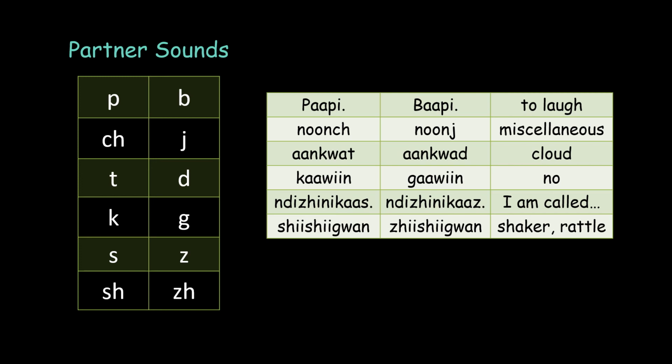Kawin, kawin is no or not. Nadishnikas, nadishnikas. My name is or I am called. Shishigwan, shishigwan is a shaker.